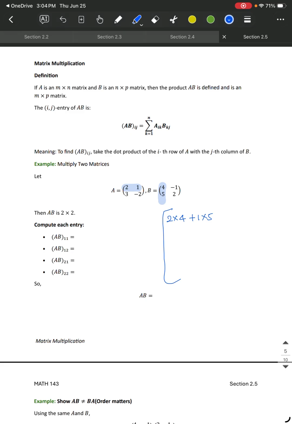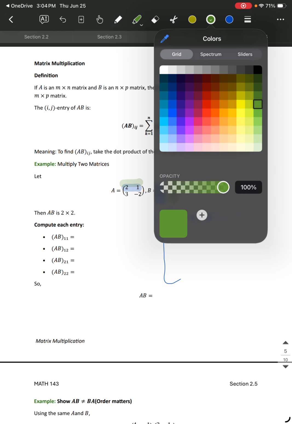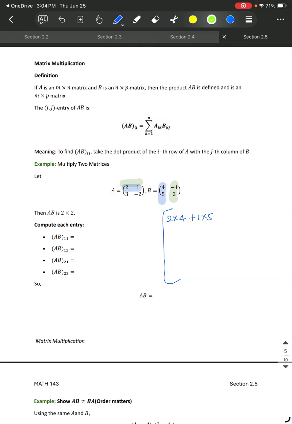Next, first row, second column: 2 times -1 plus 1 times 2.